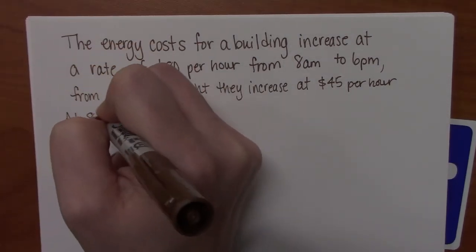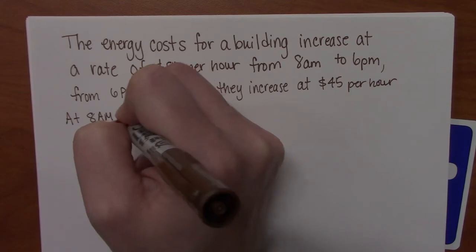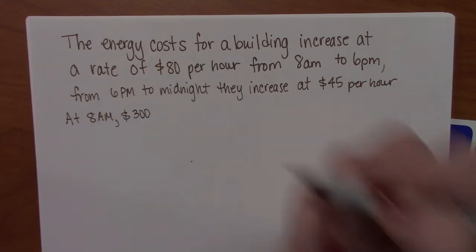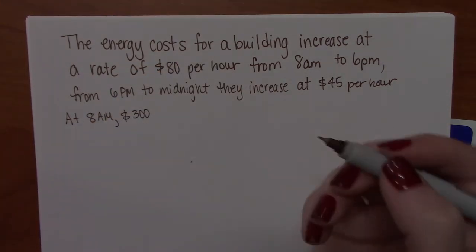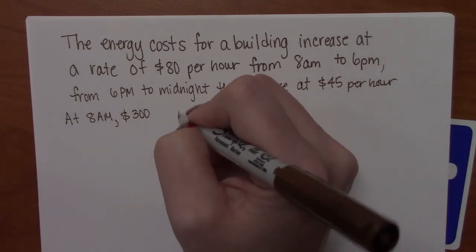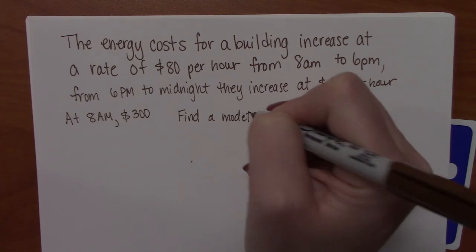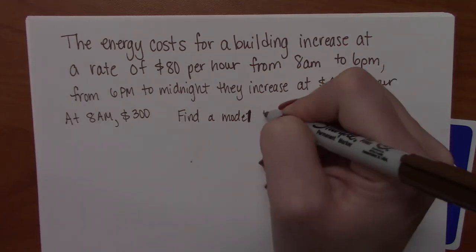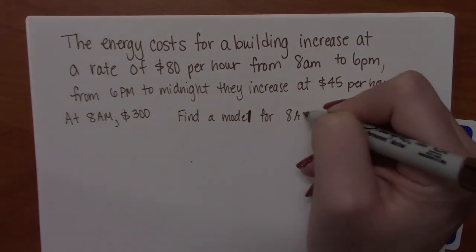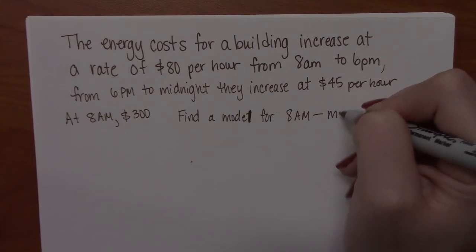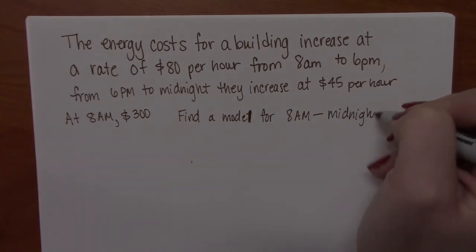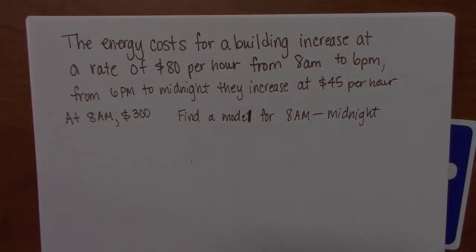Right? And suppose we know that at 8 a.m. the total cost is $300, and we want to find a model that explains the costs from 8 a.m. to midnight.